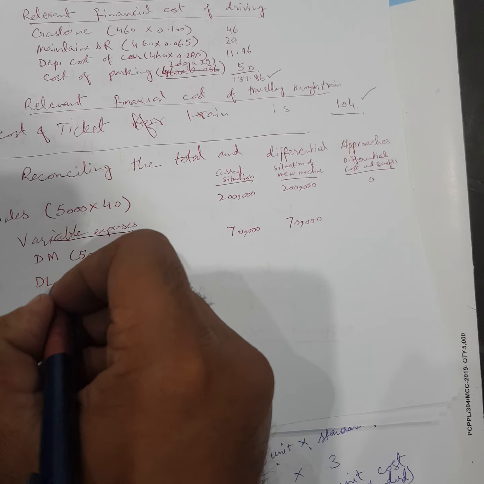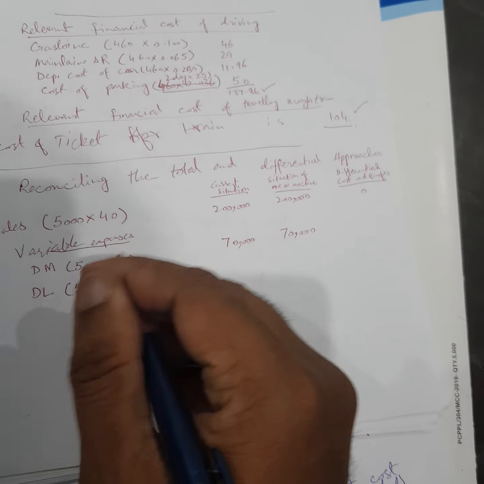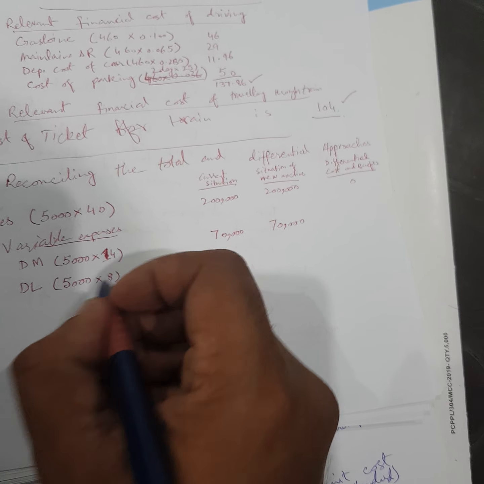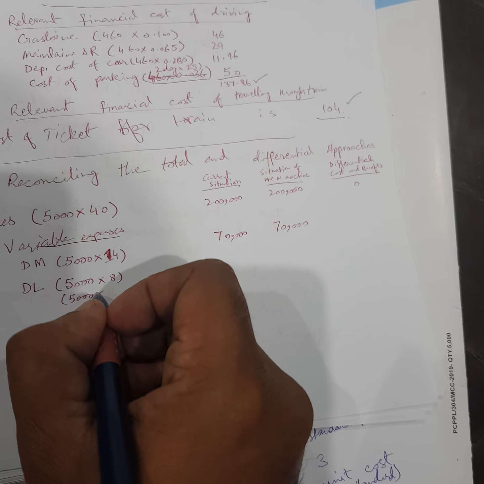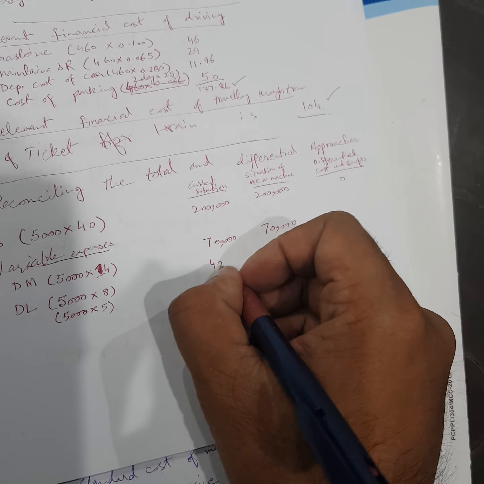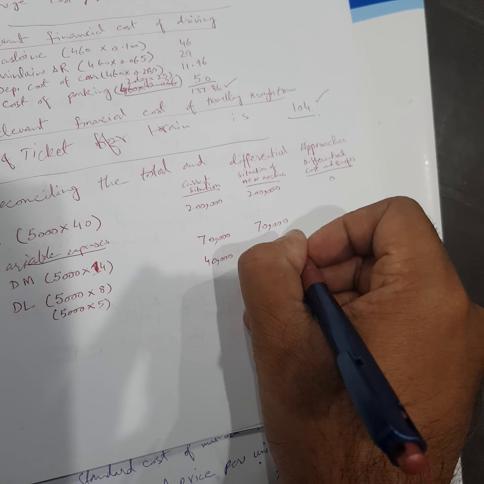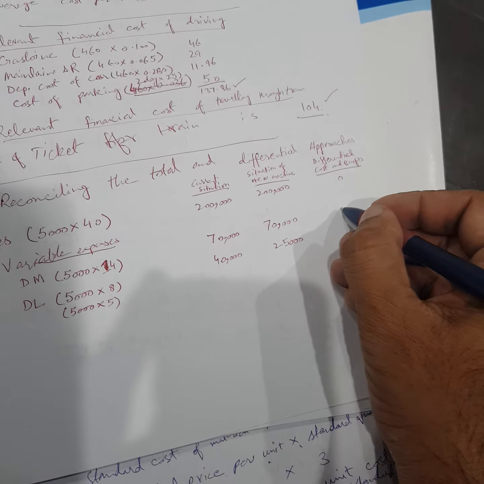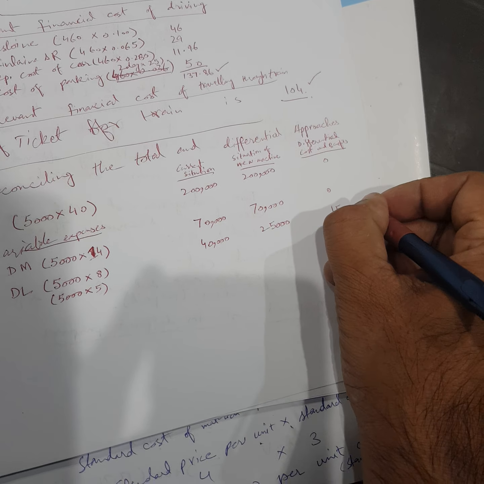For direct labor cost, in case of the current situation the price was 8 rupees. In case of the new situation the price declined and it became 5 rupees. So our amounts become 40,000 and 25,000. There is a benefit, that is 15,000 rupees benefit.